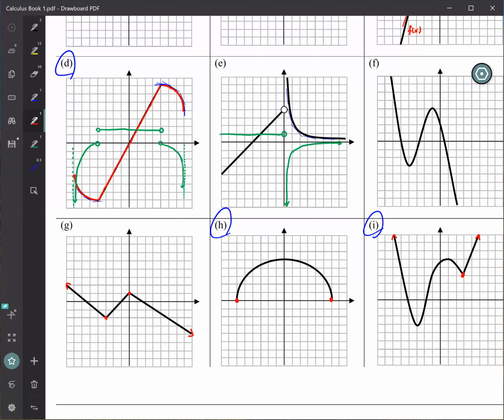And John, can you draw G? Yep. Okay. Carrie, your drawing is not showing. I don't see anything. Oh, now I see it. Okay. It's coming up.